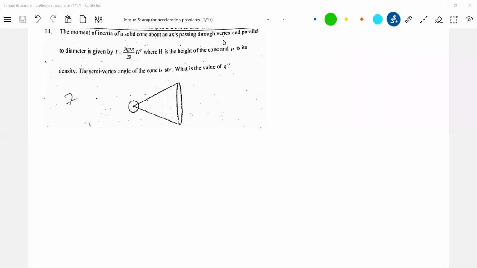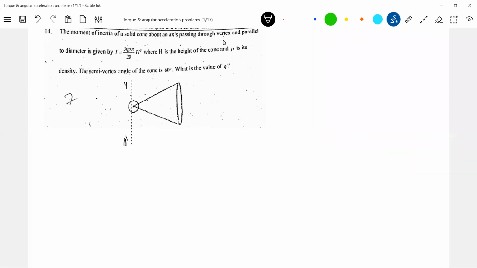Okay, read the question on the screen. The moment of inertia of a solid cone about an axis passing through the vertex and parallel to the diameter. So what is the diameter? There's a diameter, no? So this is the axis. He's asking now the moment of inertia about this axis, say y dash.